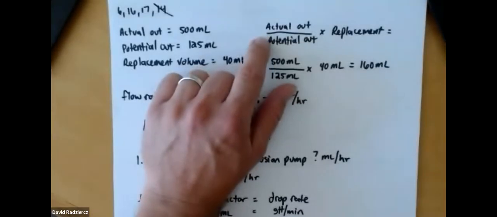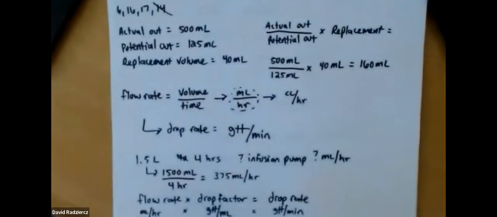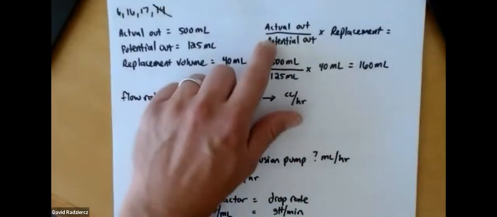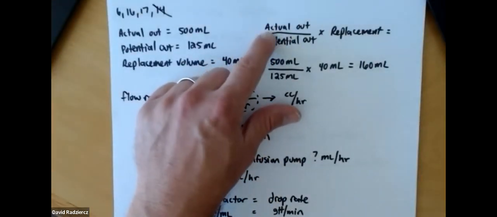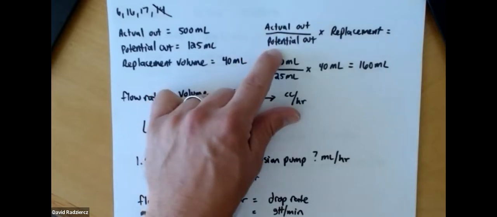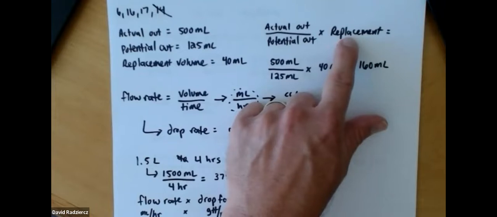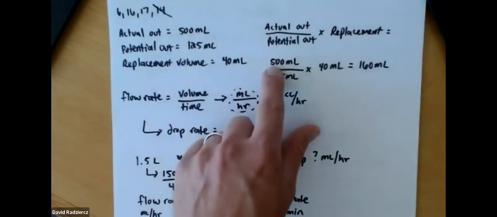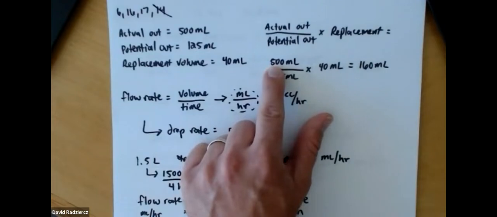I recommend that you follow this formula because it's a little bit more straightforward. If you do ratio proportion, you should get to the same answer, but this helps to eliminate that. You just need to remember to put your actual urine output on the top, your potential urine output on the bottom, and then multiply by the replacement volume. So looking at our numbers, 500 milliliters was the actual, what the patient actually voided.